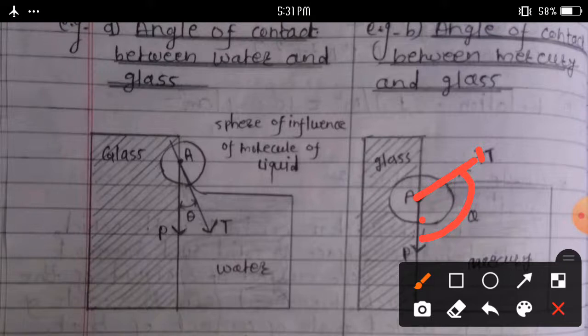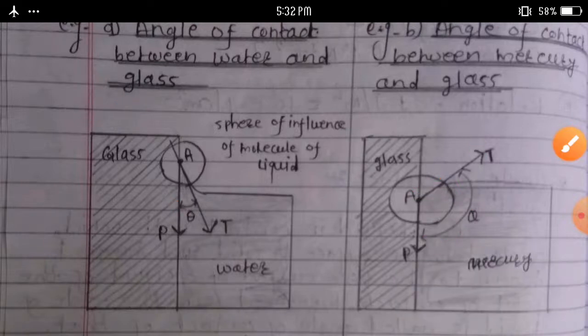The angle of contact between mercury and glass is obtuse, and the angle of contact between water and glass is an acute angle. In this way we discussed the definition of angle of contact.